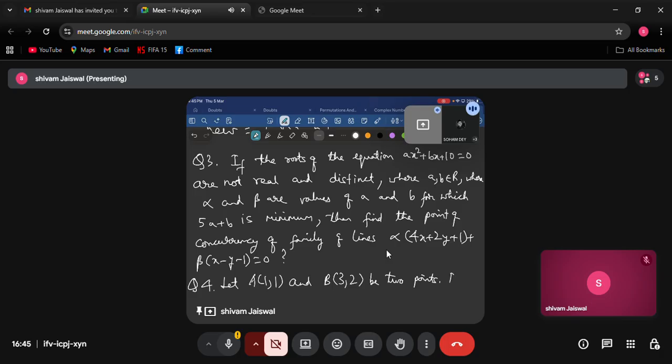If C is a point on the x-axis such that AC plus BC is minimum, find the coordinates of C. Solve quickly.